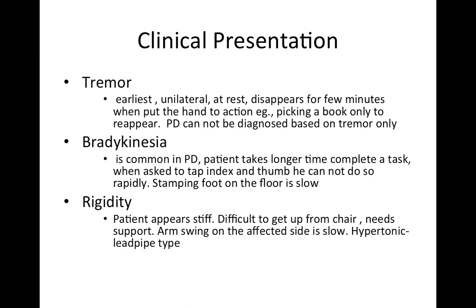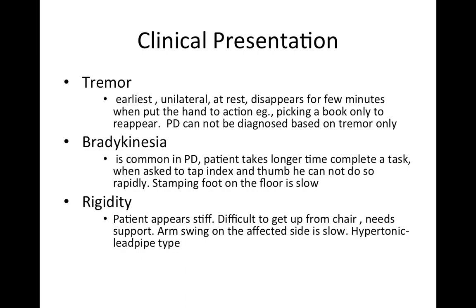Coming to the clinical presentation. Number one, the first symptom is tremor. This is the earliest symptom of Parkinson disease, which is usually unilateral, occurs at rest, and disappears for a few minutes when the hand is put to action.